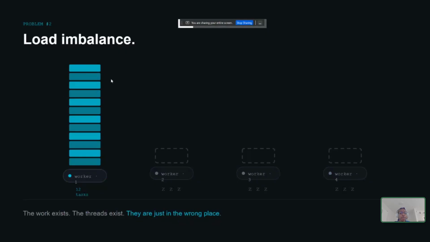Kind of lessens the load for worker one and puts it in its own queue and starts working on it. And then worker three wakes up and says, oh, worker one still has work to do. It goes to worker one and steals some of the work, right? And starts working on it. And everybody helps to lessen worker one's load, which would make the thing faster in the long run, right? Because worker one is not the only one working on these things.